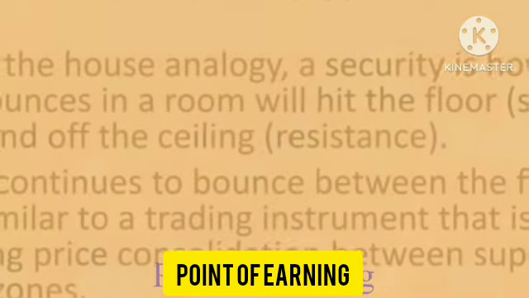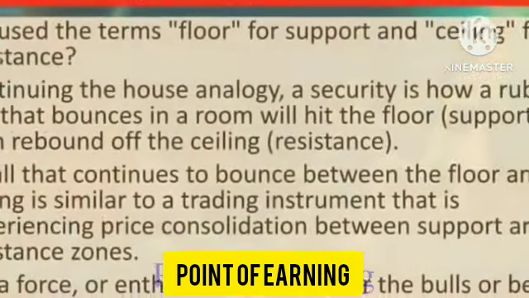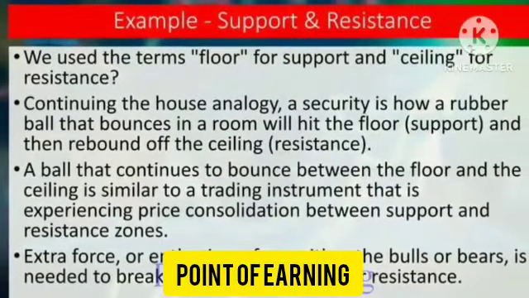Now some examples of support and resistance. We use the terms floor for support and ceiling for resistance. Continuing the house analogy, a security is like a rubber ball that bounces in a room: when it hits the floor, that is support, and when it rebounds off the ceiling, that is resistance.